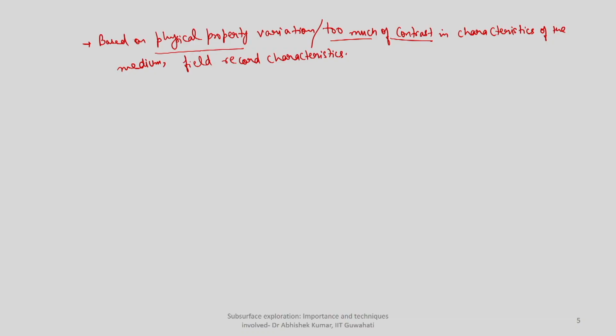Maybe in terms of wave velocity, you will interpret that there is a change in the medium characteristics. So, geophysical tests target identification of physical property variation because of change in field record characteristics.